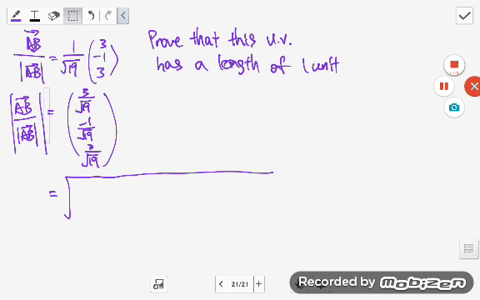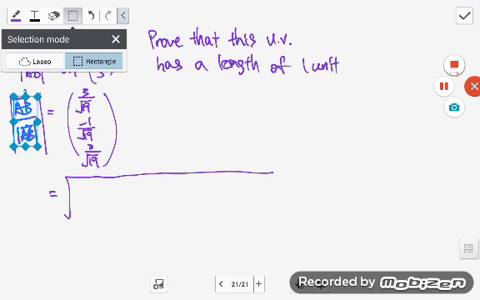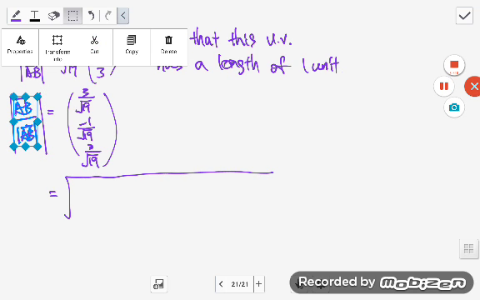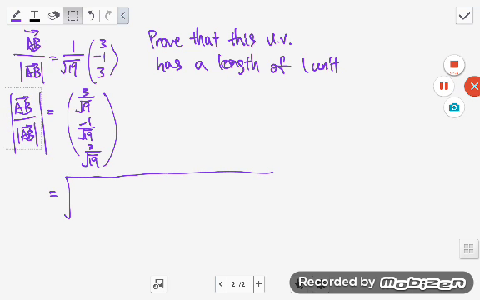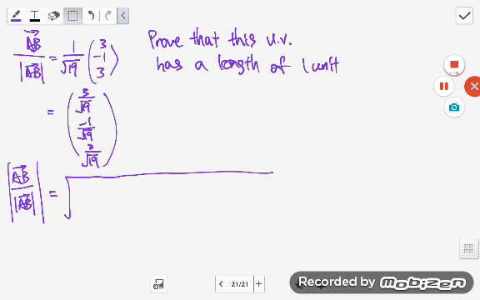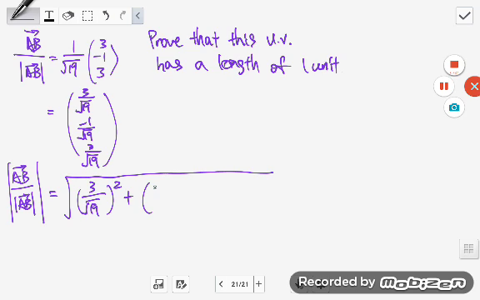that will be 3 over square root 19, the whole thing squared, plus -1 over square root 19, the whole thing squared, plus 3 over square root 19, the whole thing squared, right?